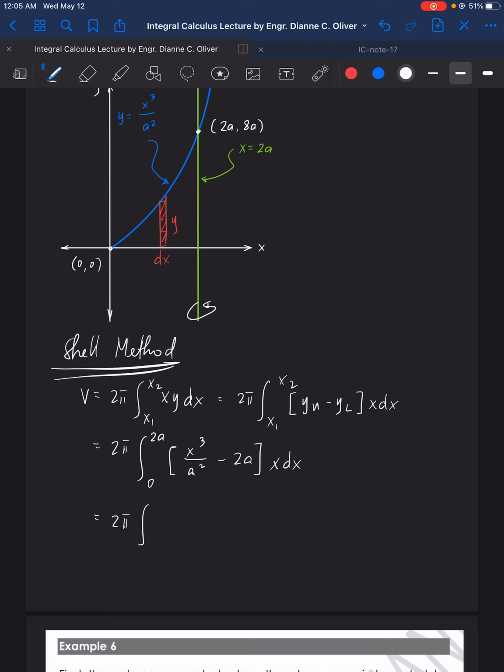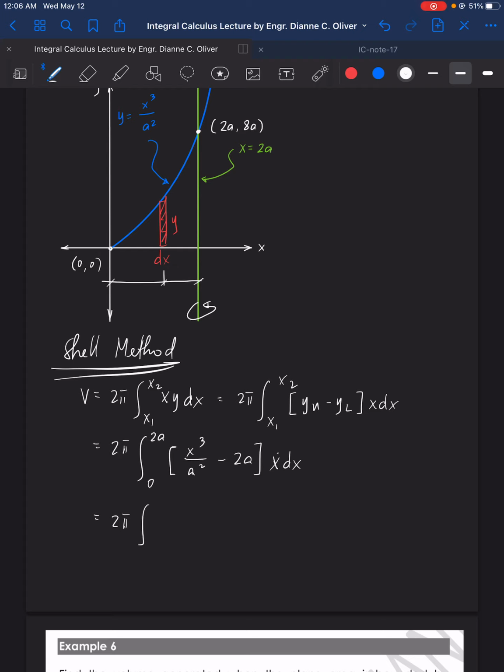By the way, are we going to settle for x dx? Because remember, when we derive the volume of a shell, the x here is the radius. But what if the rotation is in the line?